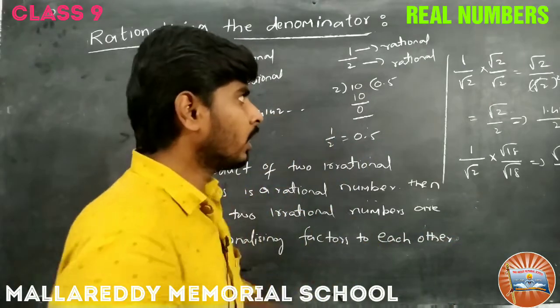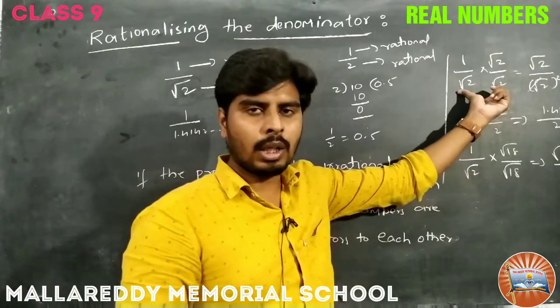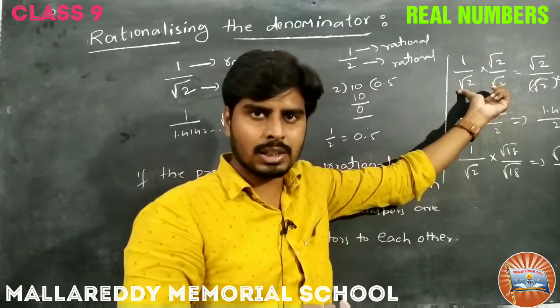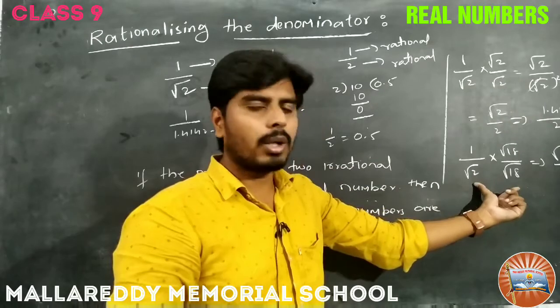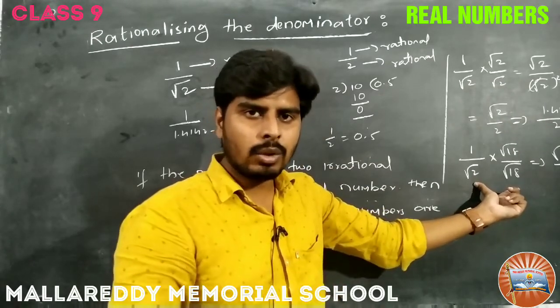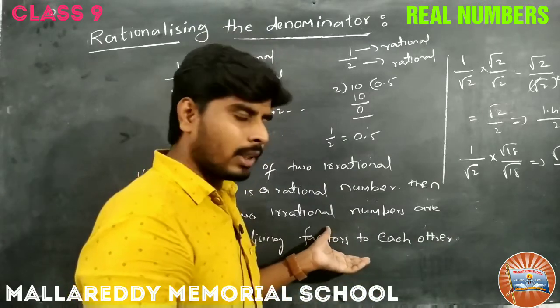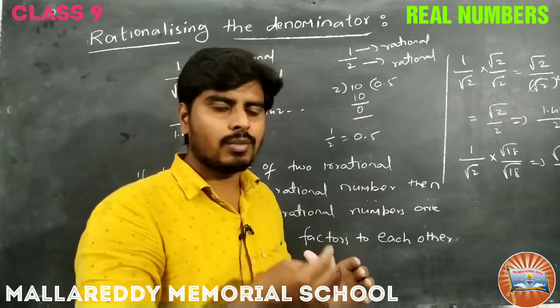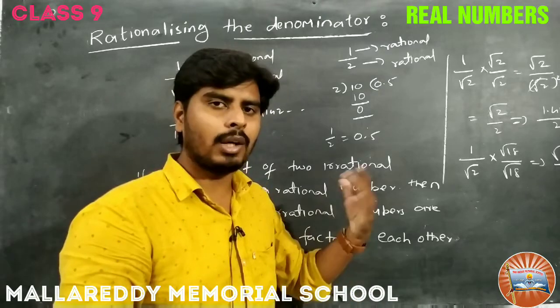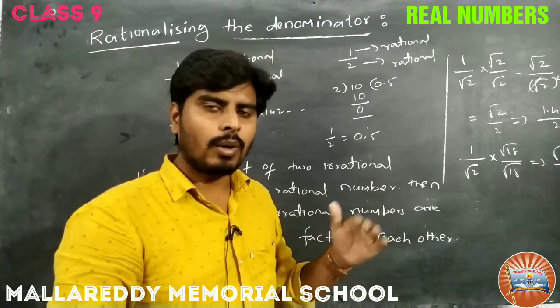It means root 2 and root 2 are rationalization factors to each other, isn't it? And root 2 and root 18 are rationalization factors to each other, isn't it? So from this we can conclude that the rationalization factor is not unique. We may have more than one rationalization factor.